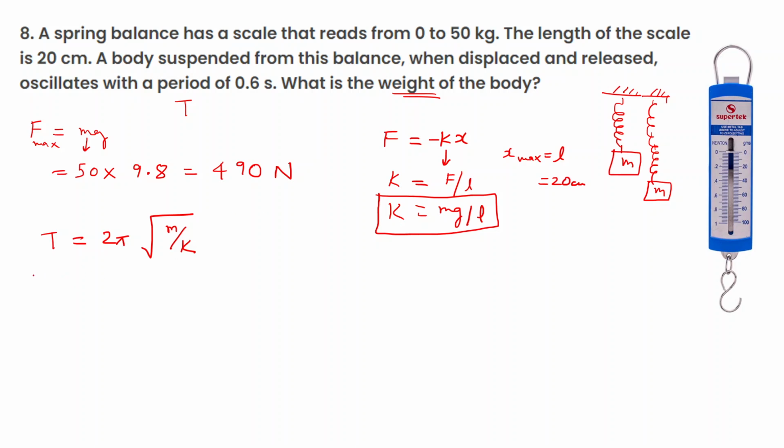So to find m, I'll rearrange this equation, taking the square on both sides. It will be m equals T square divided by 4 pi square multiplied by k.